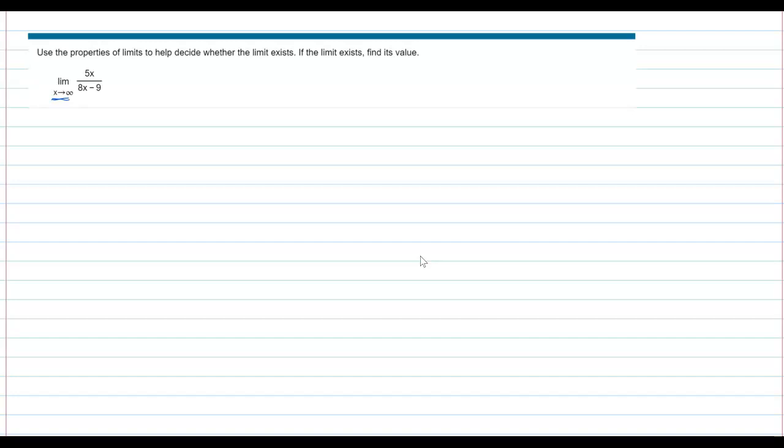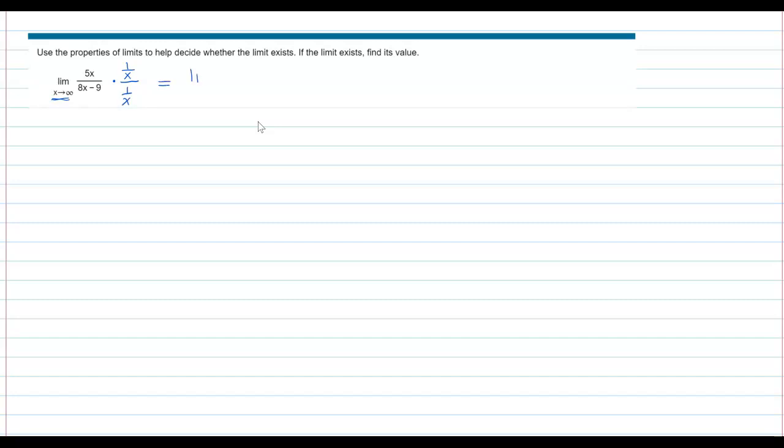So what you would do is you will multiply both numerator and denominator by 1 over x, in this case x raised to the degree, but the degree here is just 1. So you can multiply 1 over x in the numerator, and you also do the same thing in the denominator.